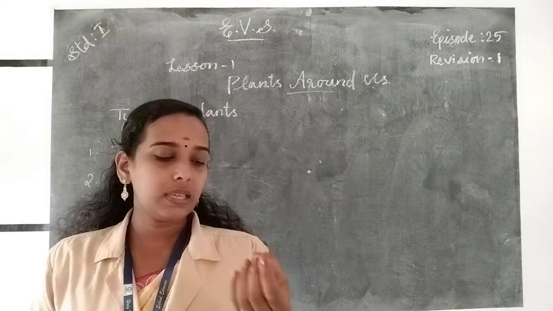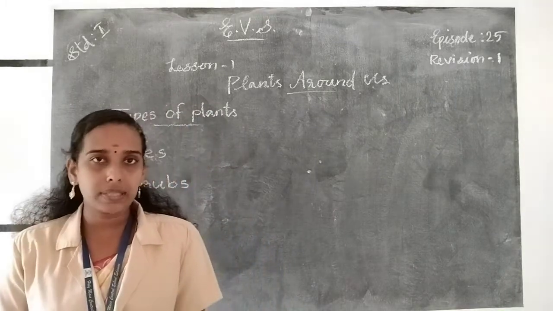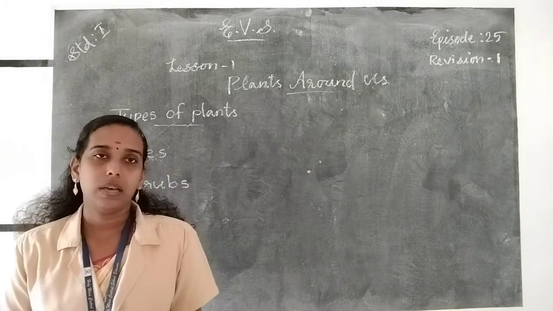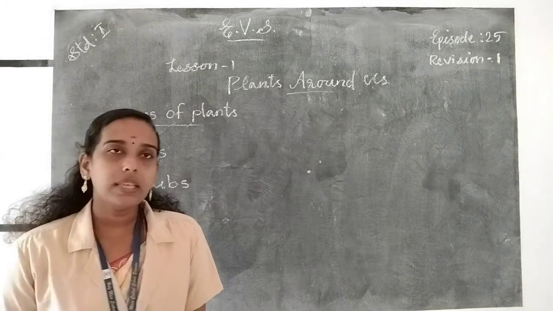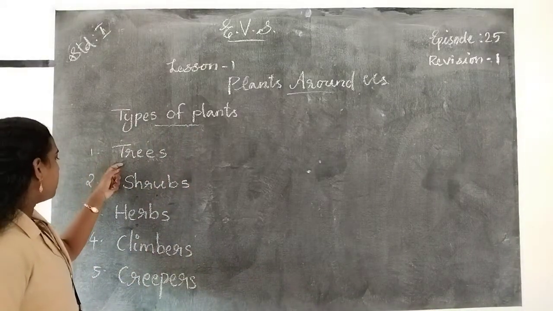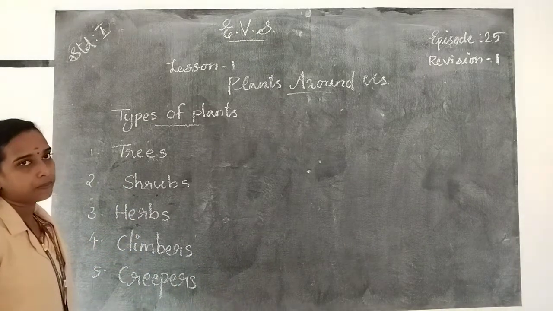The plants which creep along the ground are called creepers. Examples for creepers are pumpkin, watermelon, etc. These are the 5 types of plants: trees, shrubs, herbs, climbers, creepers.